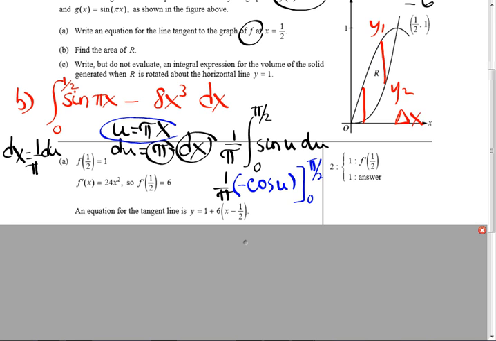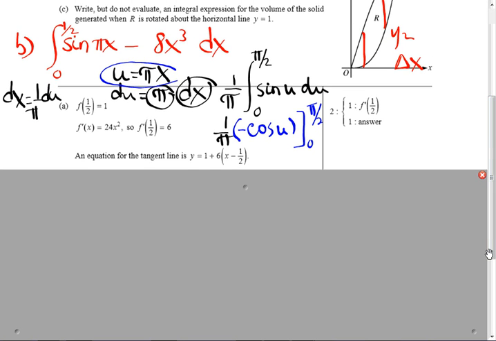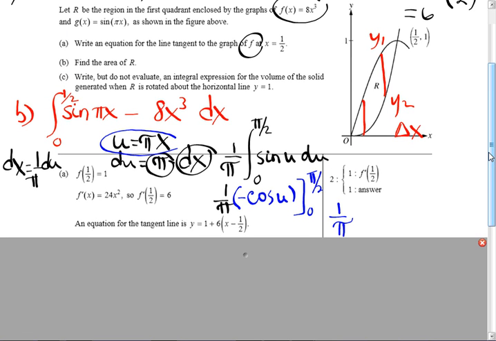You can't leave it 0 to 1/2 because those are x's. Now the antiderivative of the sine function is negative cosine of u. So this is 1 over pi times negative cosine of pi over 2. You may leave that as is; you do not have to evaluate it.